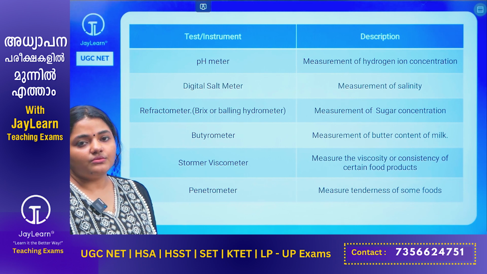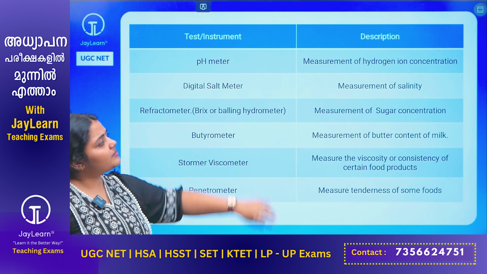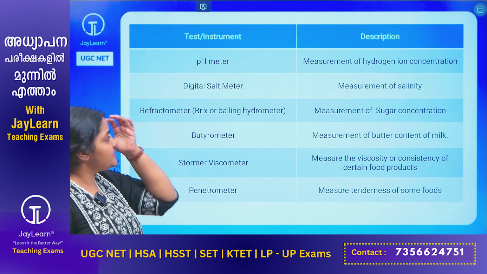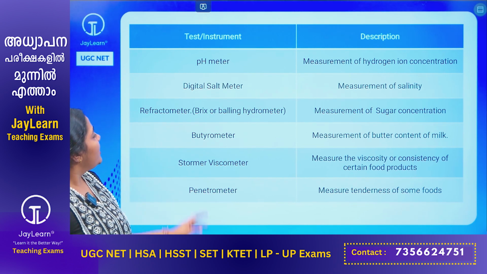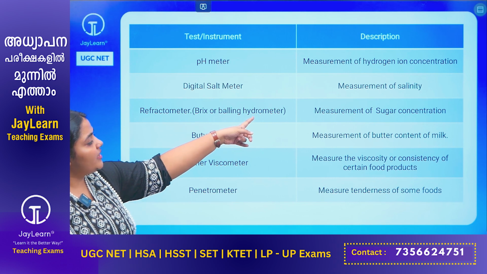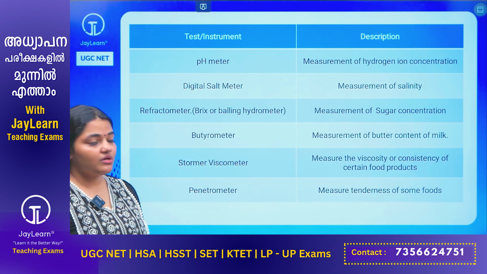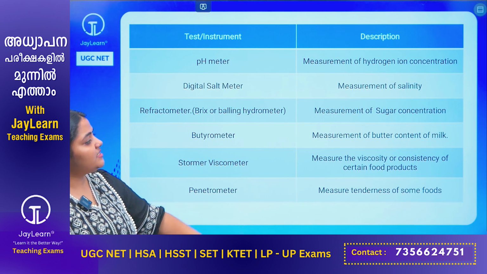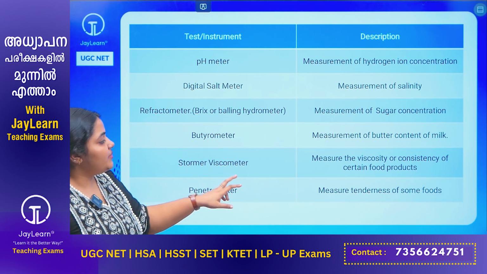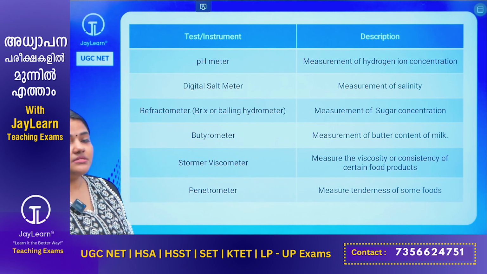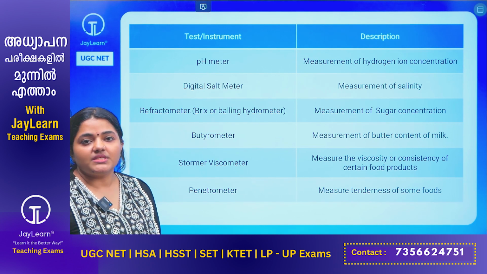You can get them through the notes. pH meter, measurement of hydrogen ion concentration. Digital salt meter, measurement of salinity. Refractometer or brix or boiling hydrometer, the measurement of sugar concentration. Butyrometer is usually the butter content of milk. Stormer viscometer, the viscosity or consistency of certain food products. Penetrometer, the tenderness of some food.